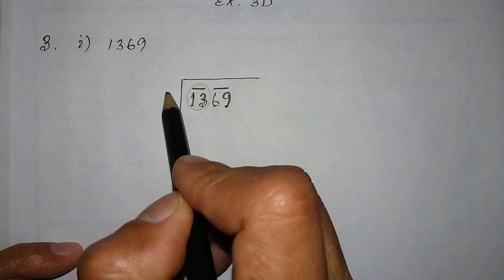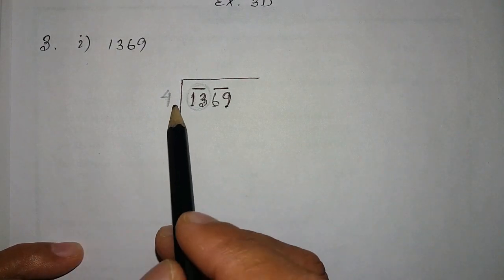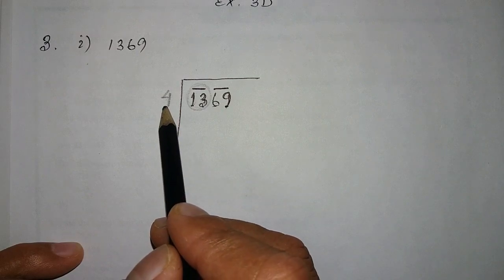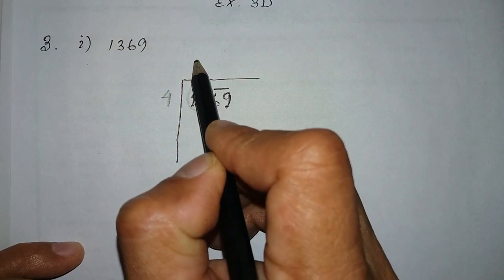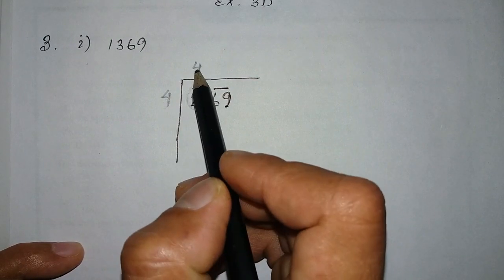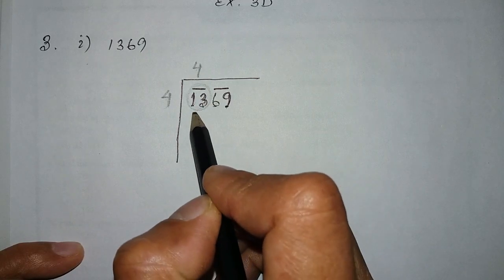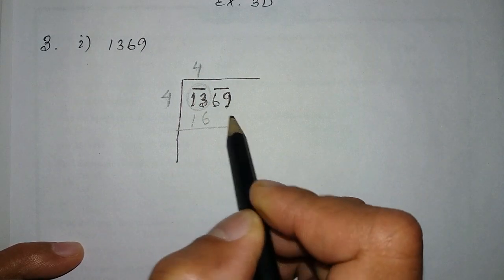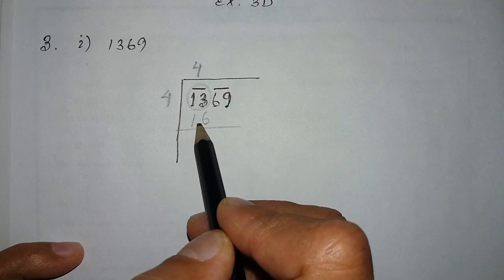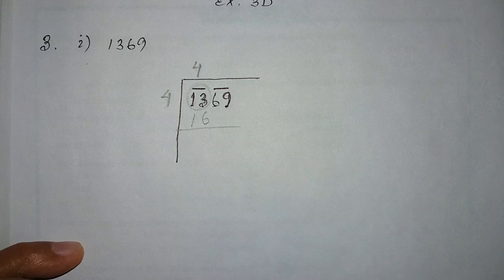Let's say I write 4. Then I have to write 4 again. So 4 fours are 16. But this is 13 and what we got is 16, so 16 is too big. We cannot take 4.